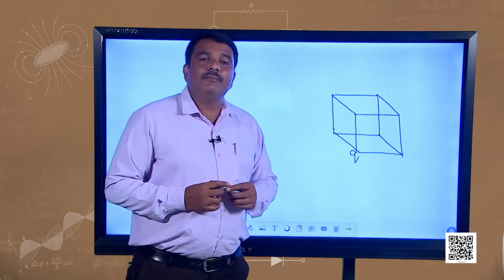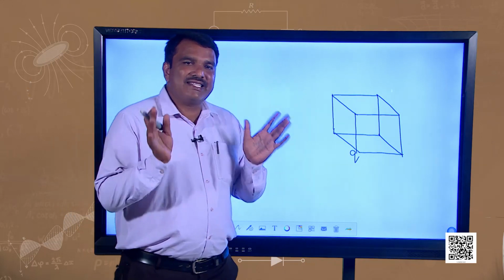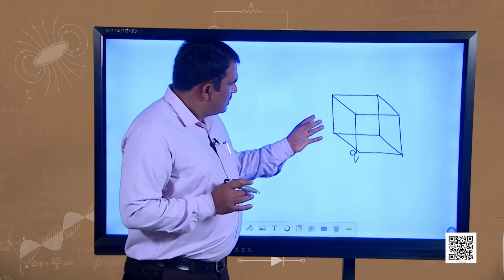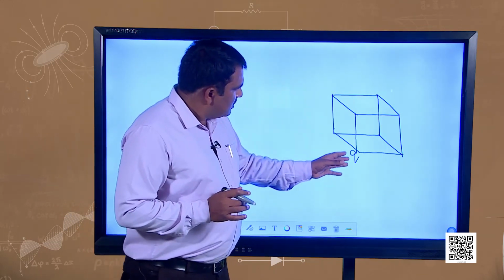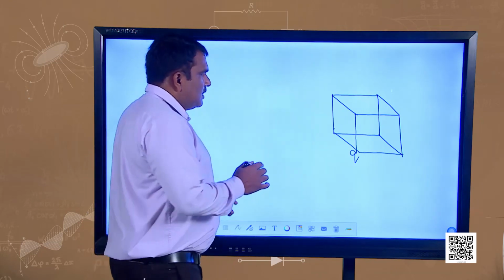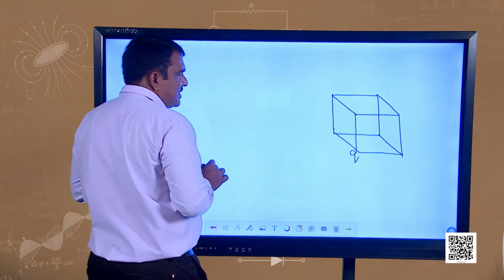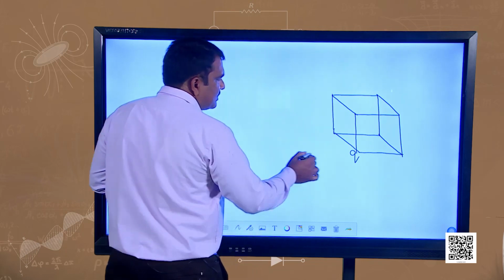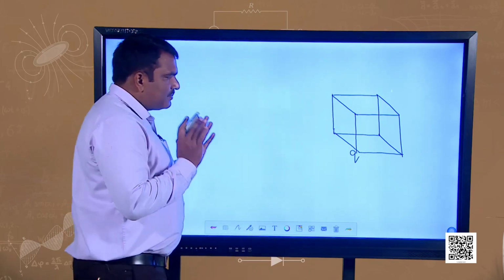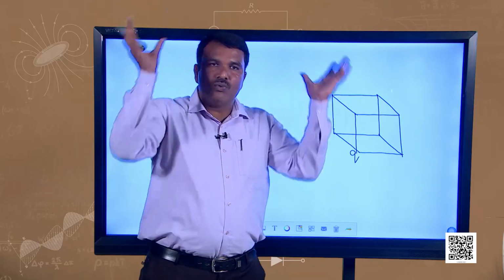To solve this problem, we can imagine some cubes around this cube in such a way that this charge comes in the center of a big cube.